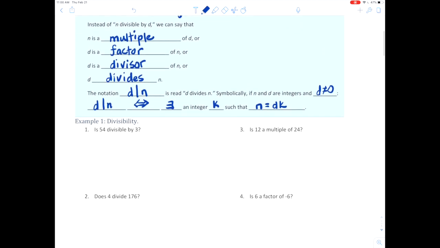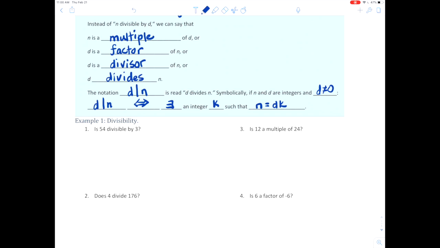So let's look at some basic things about divisibility first. Is 54 divisible by 3? There are some cool tricks here. If you add the digits in a number and that sum is divisible by 3, then the original number is divisible by 3. So 5 plus 4 is 9, and 3 divides 9, so 3 will definitely divide 54. Let's write it a little differently.